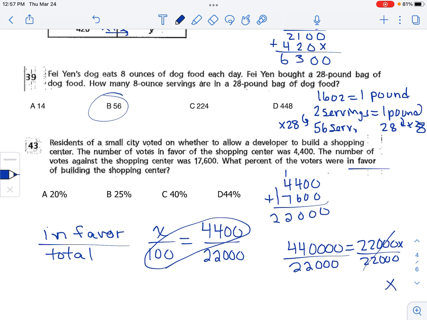These cross reduce, right? Each set of zeros can be canceled out. So I can match up 3 zeros in the top with 3 zeros in the bottom. Those cancel out. 44 divided by 22 is 2, and this last 0 comes down here. So x is equal to 20. So 20% were in favor of the shopping center.